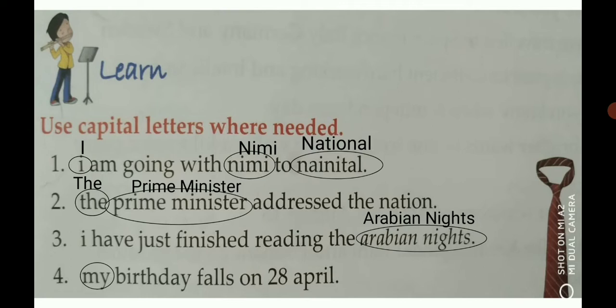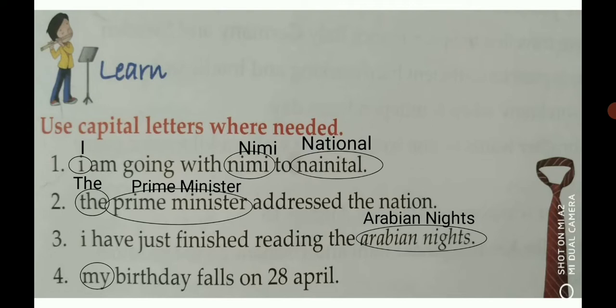As we know, the first letter of the first word will be capital. Then in this sentence, is there any other word that we have to change to a capital letter? The first letter of that word will be capital. Yes, and which one is it?